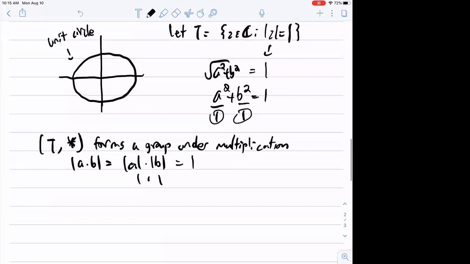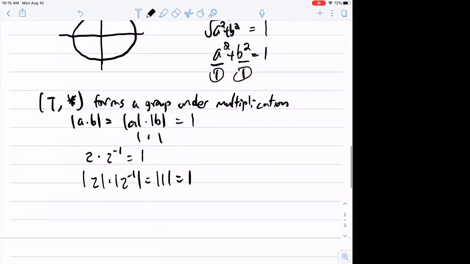And you could check that if two elements multiply to 1, z times z inverse equals 1, then taking the norm on both sides, the norm of 1 is 1. The norm of z is 1, so this forces the norm of z inverse to be 1. So you see z inverse is in T, yeah?